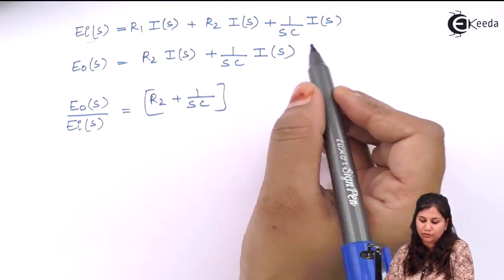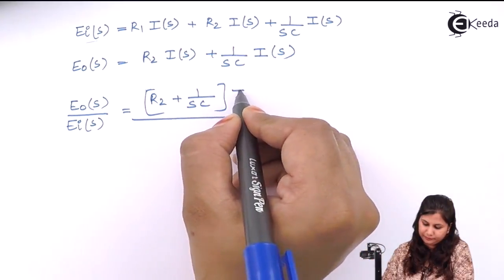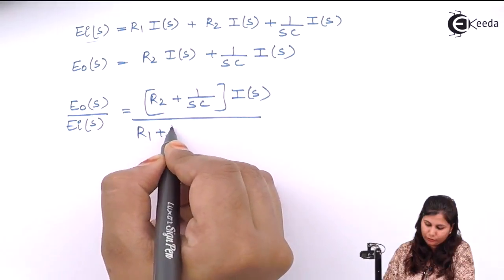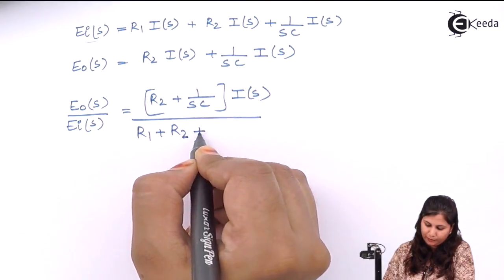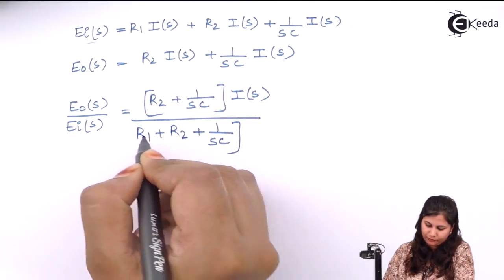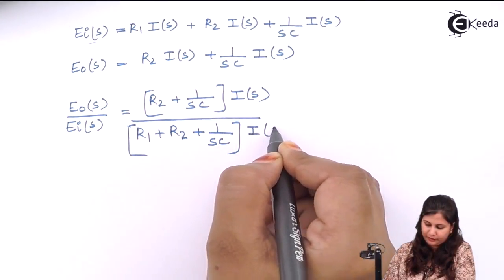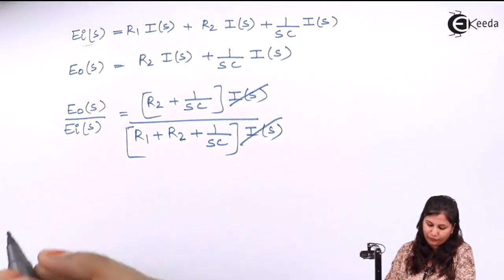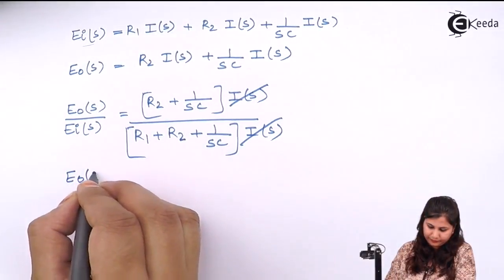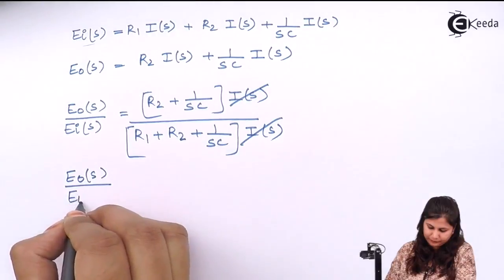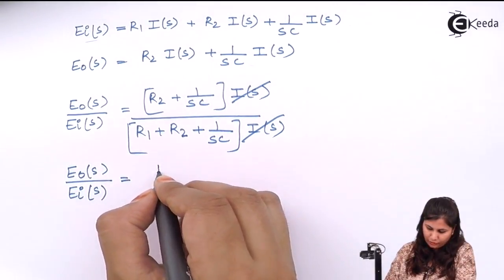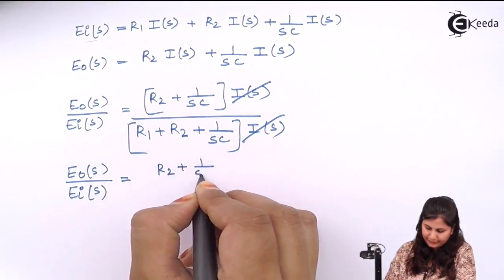I(s) can be taken as common, and here we have R1 plus R2 plus 1 upon SC. Again I(s) can be taken as common. This I(s) and I(s) cancel out, so we are left with R2 plus 1 upon SC.